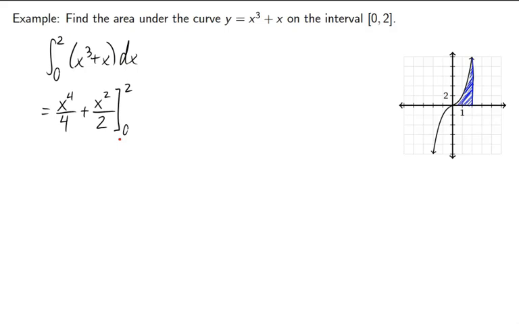The Fundamental Theorem of Calculus says that. Take the antiderivative, plug in 2, plug in 0, and subtract. Let's write this down. So I get 2 to the 4th over 4 plus 2 squared over 2, I'm just plugging in 2, minus 0 to the 4th over 4 plus 0 squared over 2.